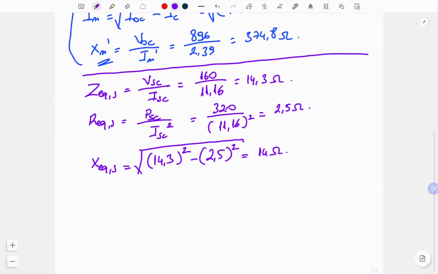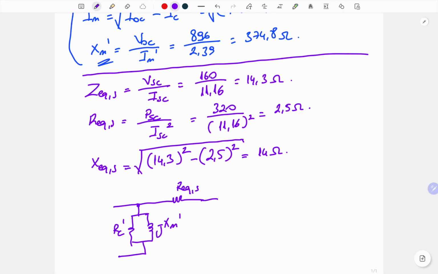So if we draw the approximate equivalent circuit, we should start with the excitation branch, which includes RC prime and XM prime. Then our series resistance and leakage reactance will come to the circuit.